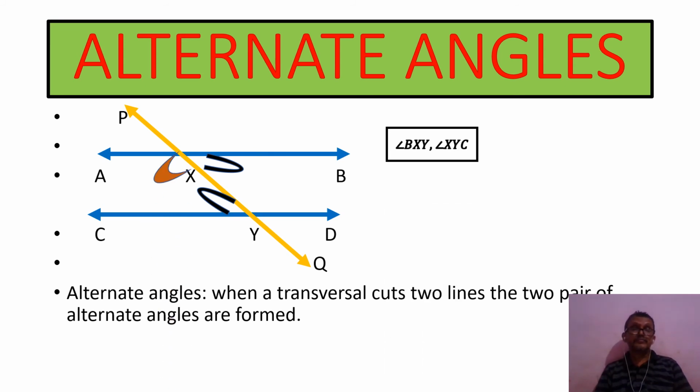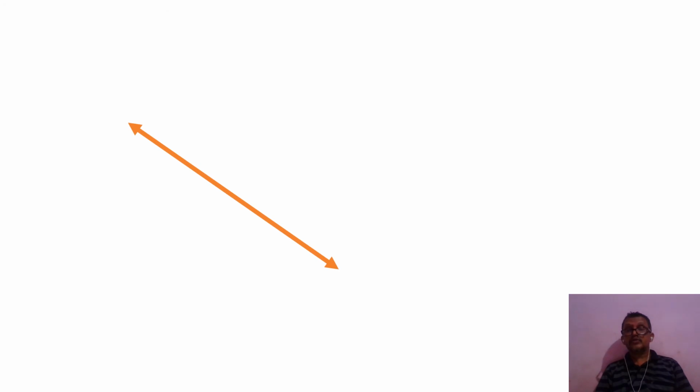Similarly, another pair, AXY and XYD. So two pairs of alternate angles are formed. So vertically opposite angles are X type, corresponding angles are steps type, alternate angles are Z type.